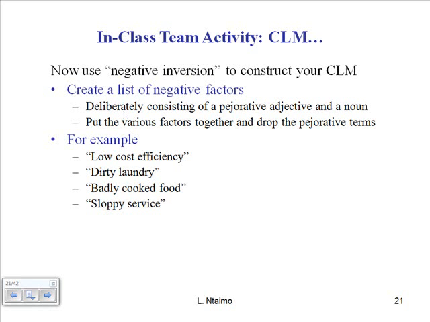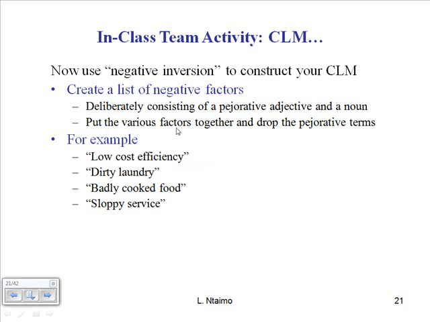Deliberately, when you write these factors, I want you to use a pejorative adjective and a noun, okay? Such as dirty laundry, badly cooked food, low cost efficiency, sloppy service, okay?